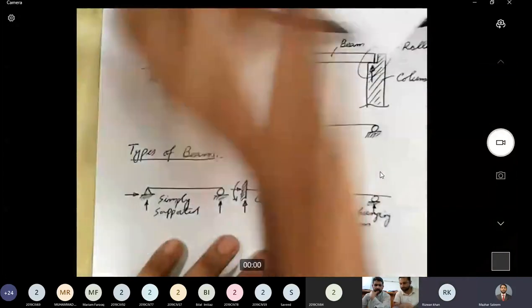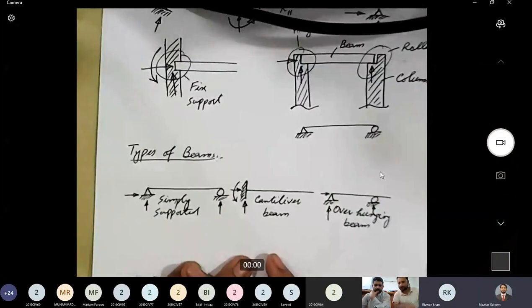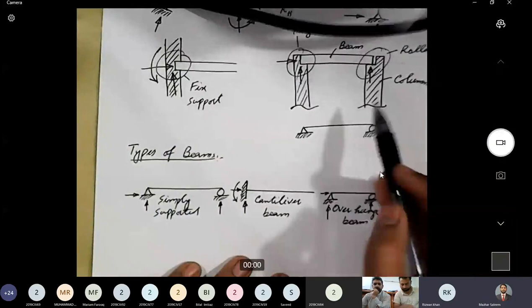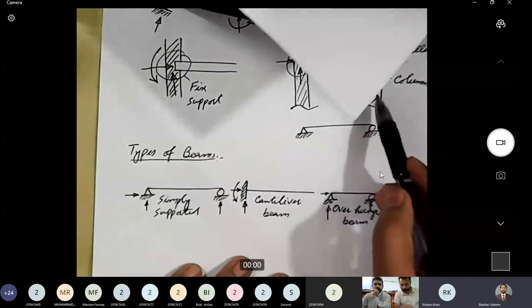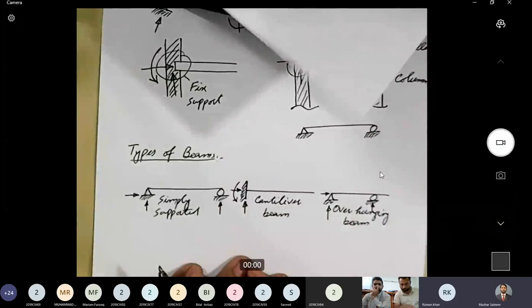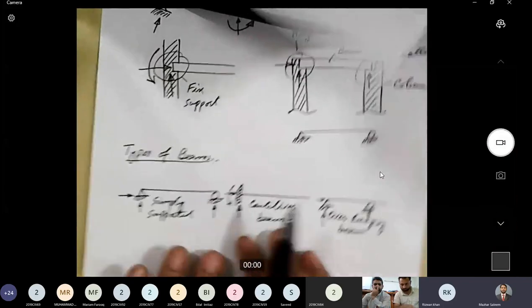Sir, can you draw a diagram of an overhanging beam in columns or beams? I mean, so that we can understand how it is. No, you mean like this? Yes sir. Just the hanging part, kindly show it, and the roller support ahead.